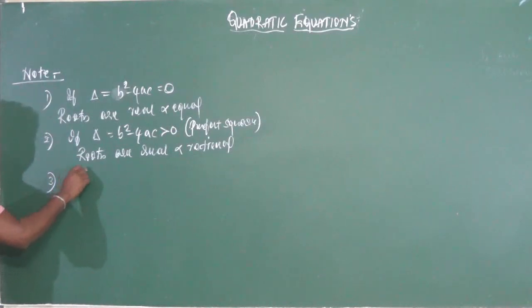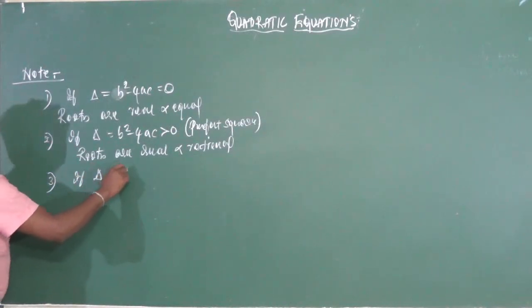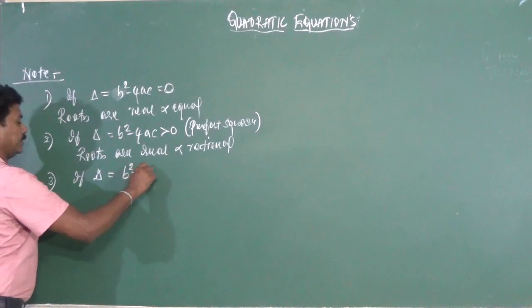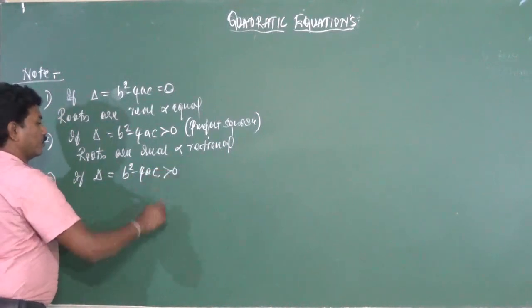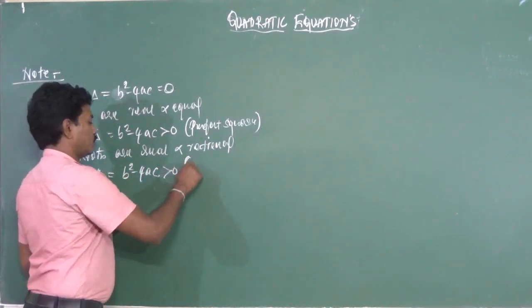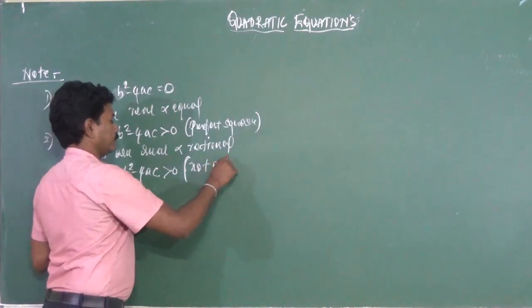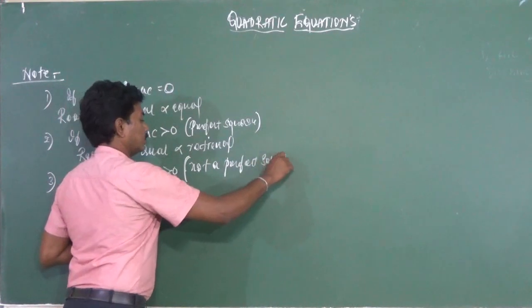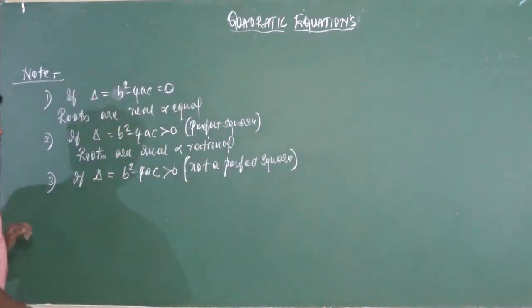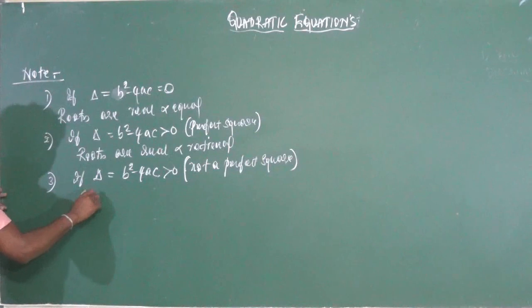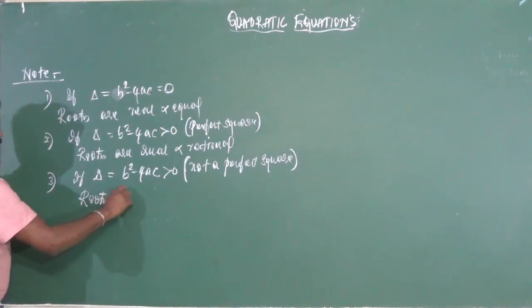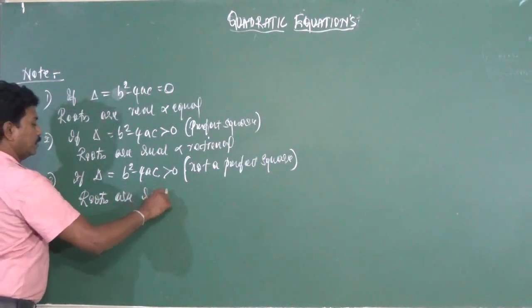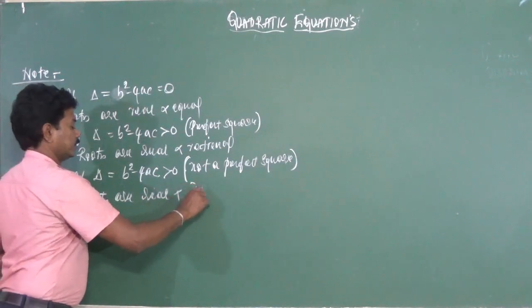Third one, if discriminant, b square minus 4ac, is greater than 0 and not a perfect square, then roots are real and irrational.